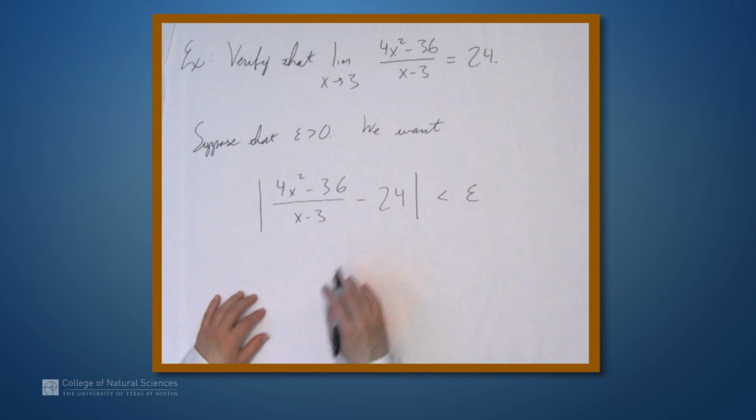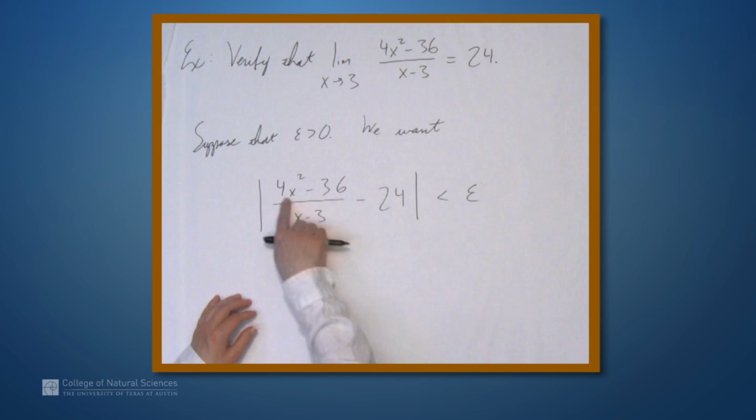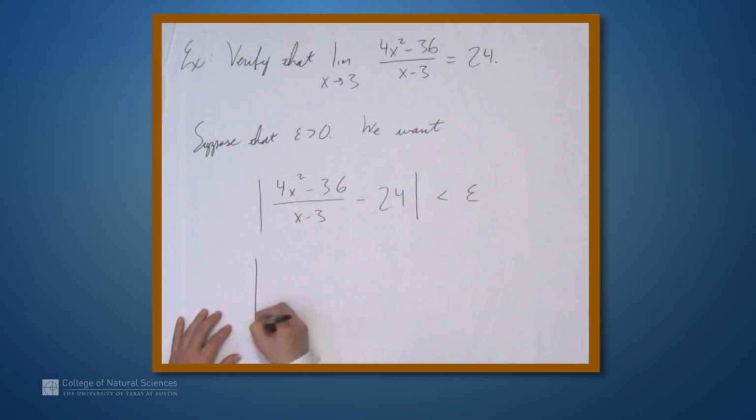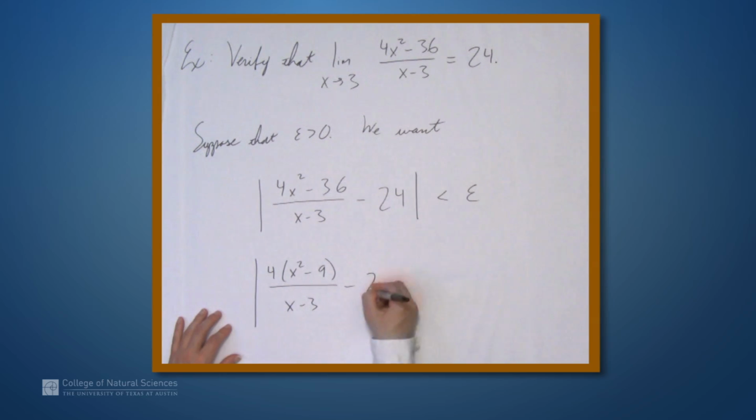So we'll start with this and work backwards to see what our candidate for delta is. So let's rewrite this thing in here. 4x squared minus 36, we can factor a 4 out, and we get 4 times x squared minus 9 all over x minus 3 minus 24.